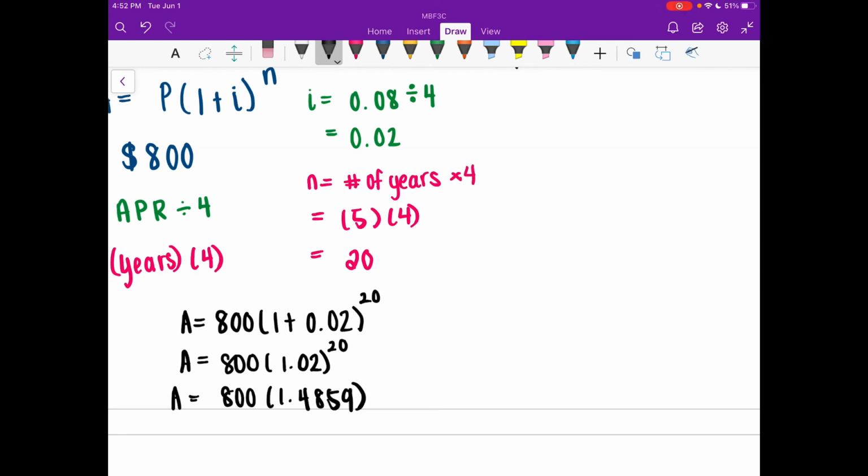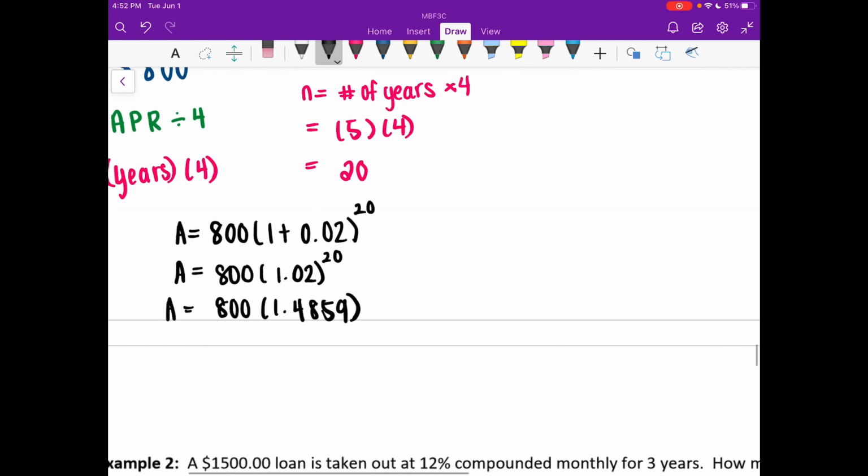Then I'm just going to multiply by 100, the same thing as last unit when you did the exponent law stuff. So I'm going to be left with 1188.78. That means that on the $800, at the end of it, I'm going to have left over $1,188.78.